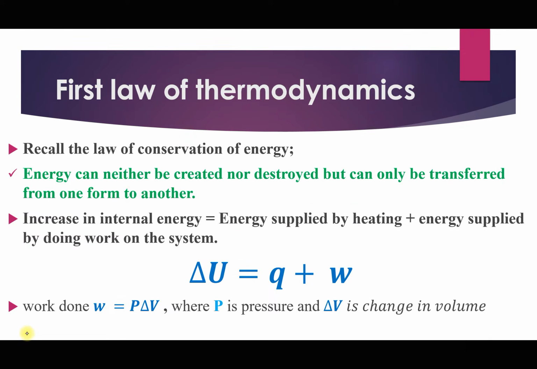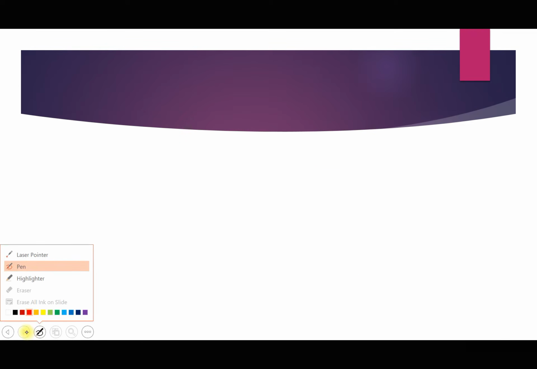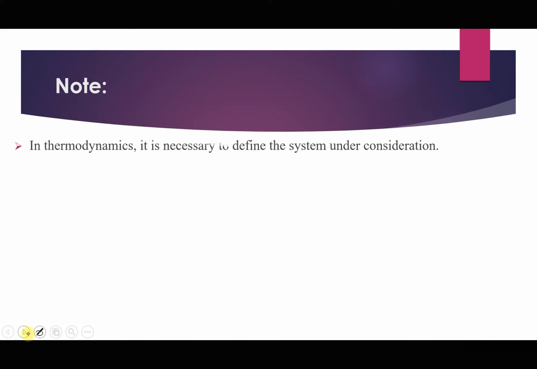So let's try to understand the first law in more detail by taking notes. Number one, in thermodynamics, it is necessary to define the system under consideration. The system could be an ideal gas, or it could be water being heated in an electric kettle. We have to define the system we are considering.